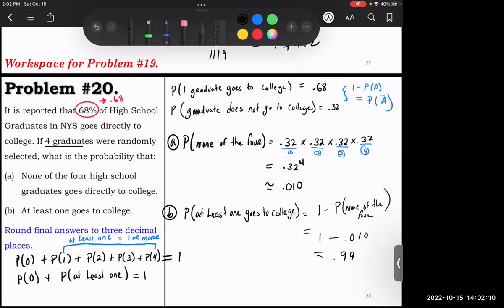But this comes from the fact that you can use the complement rule. If you want to compute the probability of at least 1, then just subtract the probability of 0, that it never happened, on both sides, and you get this newly used formula. Probability of at least 1 is equal to 1 minus the probability of 0, which is technically 1 minus the probability of not A. And that's it.